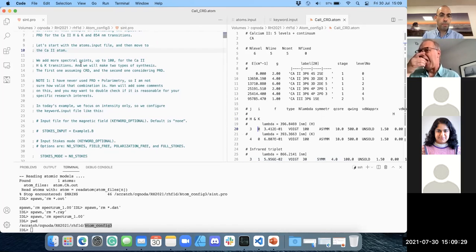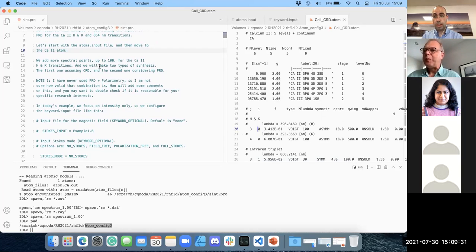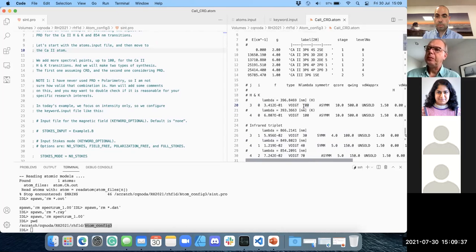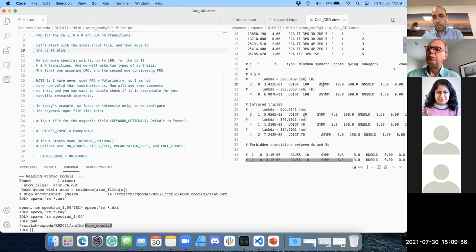Here, as we are going to also check in detail the calcium H and K transitions, I decided to add more points. So we have 100 and 100. We said that it was better, even if we were focusing on the infrared transition, to also set the H and K as asymmetric. So we leave it like that, but it comes from last week. And then the rest of the atom remains the same.